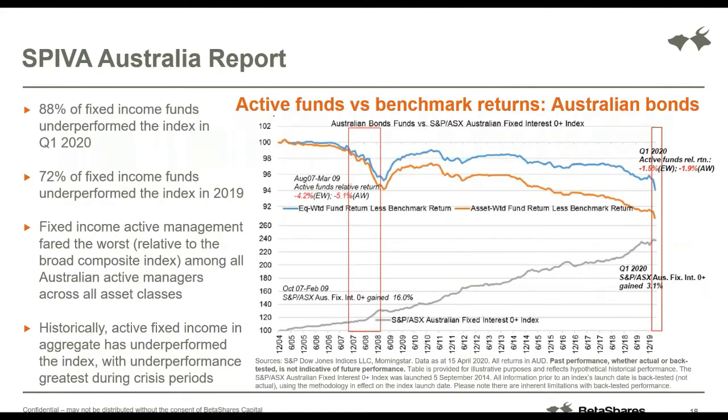But probably the worst thing about this fact is that the underperformance has been most acute during periods of market stress and periods of equity drawdowns. So not only have active managers in aggregate underperformed over an extended period of time, they've underperformed to the greatest extent when fixed income is most needed as a portfolio ballast.